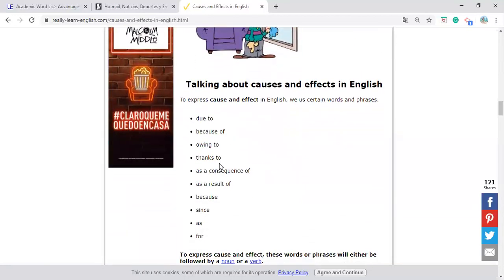Ahora tenemos otros. Talking about causes and effects in English. Aquí tenemos otras expresiones que pueden usar. Bueno, aquí solamente me sobra un minuto, pero si me saca, volvemos a entrar, ¿ok? Volvemos a entrar para terminar, concluir con esto. Bueno, aquí tenemos algunos vocabulario para algunas expresiones para hablar de causas y efectos.